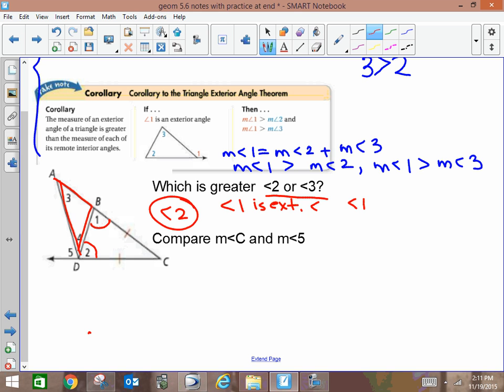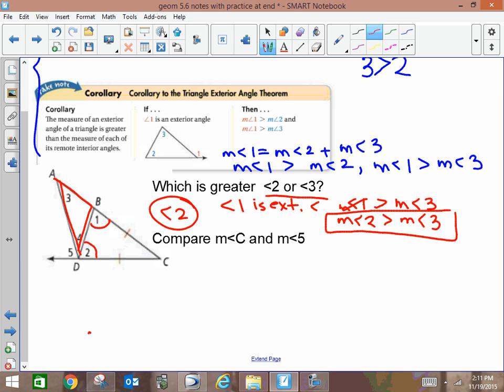So 1 is bigger than its remote interior angle, which is 3. So if 1 and 2 are the same, then 2 must be bigger than 3. Sort of. Yeah, you're just kind of swapping it out. It's not really transitive, is it?